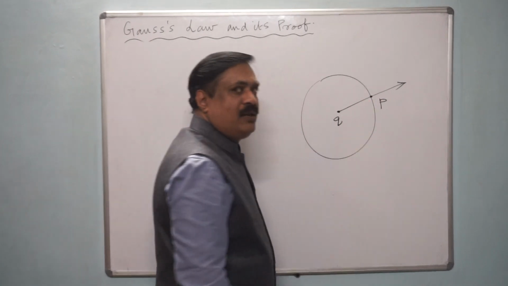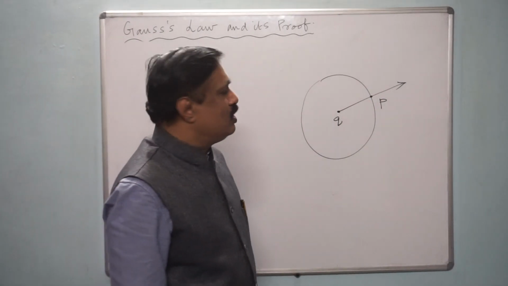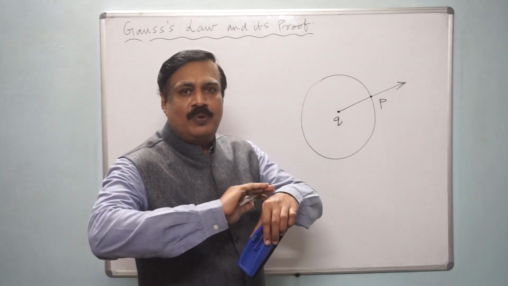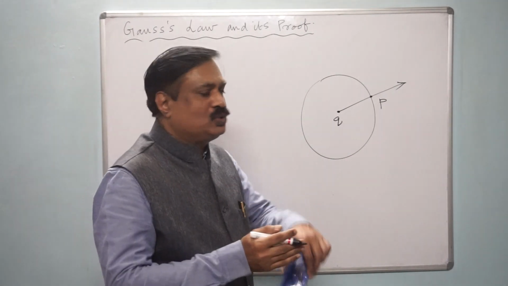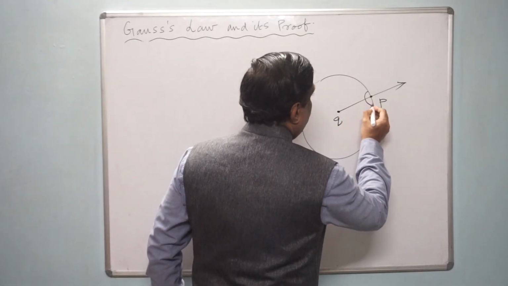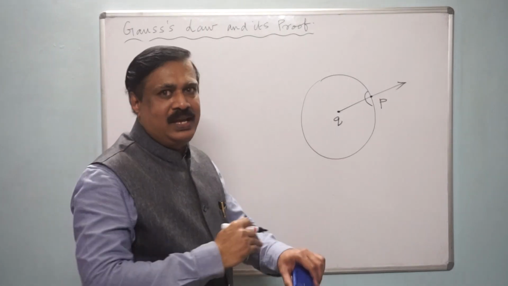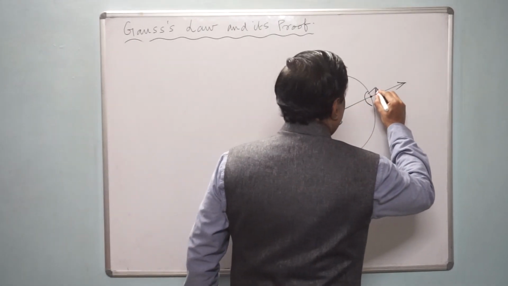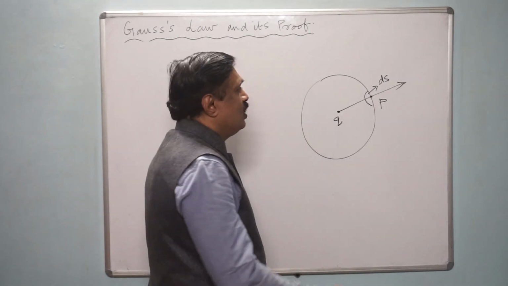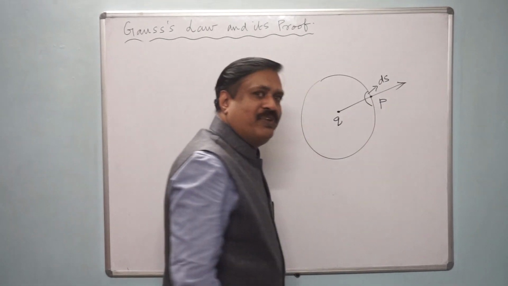If it is a sphere, you can consider some small element around this P. This is your small area, I'll denote this as ds. Now you can point out the unit vector also.